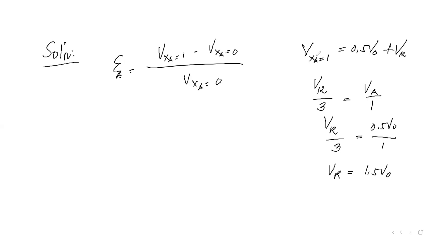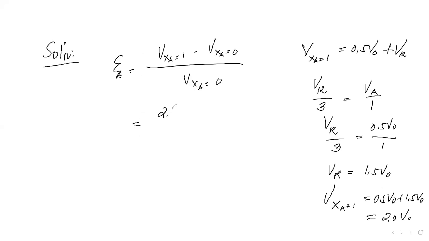Using this, your total volume at 100% conversion would be 0.5 V sub O plus 1.5 V sub O, which is 2.0 V sub O. Now, knowing this, you go back here and substitute.